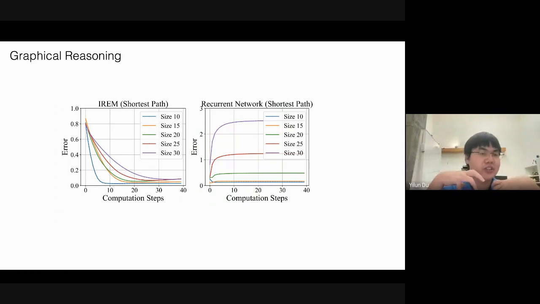So even if you learn a verifier for a size 10 graph, you can just check whether the shortest path between two things satisfies a Bellman-like update: if you do a dynamic programming update on the shortest path, is it maintained or not? That's a very easy operation you can learn to verify that you have recovered the shortest path. Because this operation is much easier to learn than explicitly generating the final shortest path solution, you can imagine that it generalizes much better to larger graphs than explicitly generating the output.